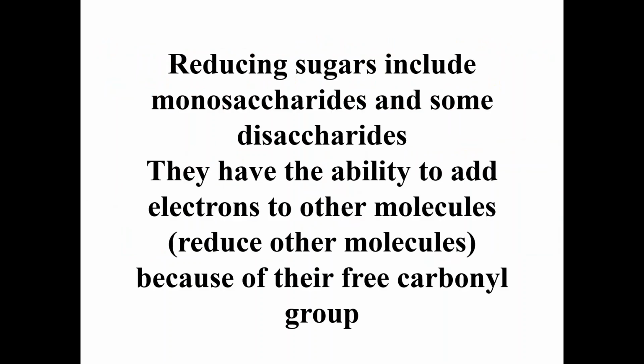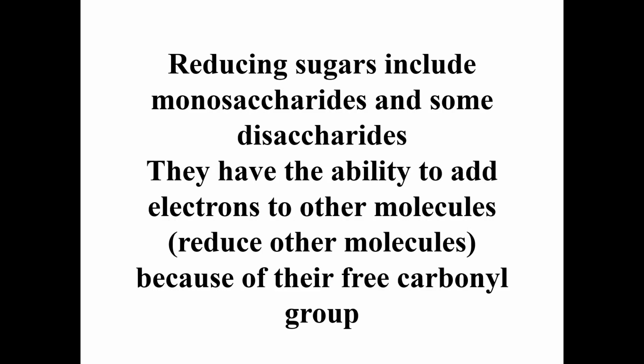Now, you're also able to have sugars reduce other groups, right? And some of those can actually be monosaccharides and sometimes some disaccharides. So what does that mean? Well, they have the ability to give electrons to other molecules, and they're able to reduce other molecules.